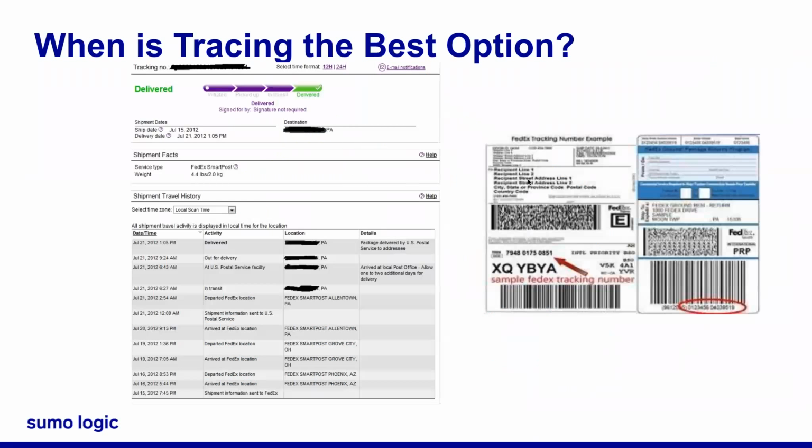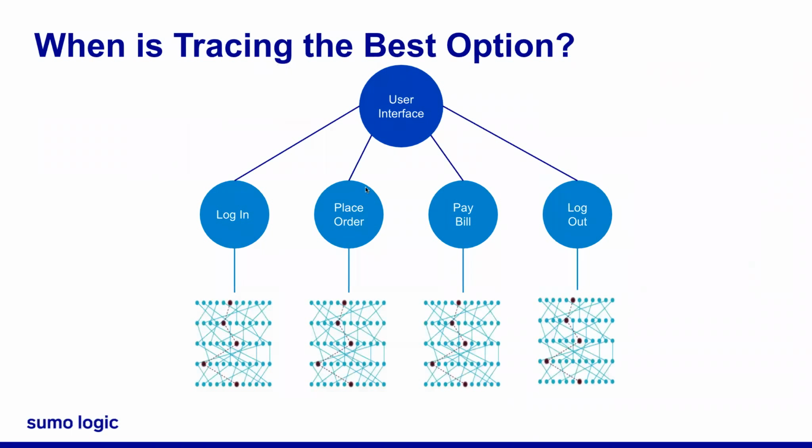Now, this is really a rehash of that example of tracing, giving that example of the package, and the same idea with tracing of showing the different steps that occur. As we migrate to our Sumo Logic Coffee example, you're going to log in and go through a certain path.